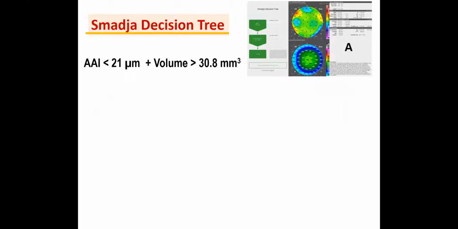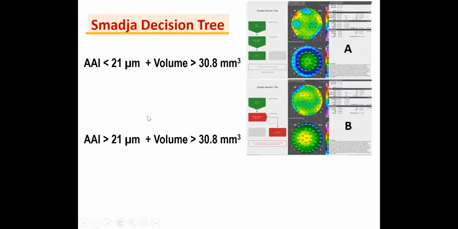And David prepared a decision tree for Ziemer. This is normal, and not probably frustrate keratoconus, when the AAI, the aspheric asymmetric index, which David called my PKI, is less than 20 microns and the volume is good, more than 30.8.